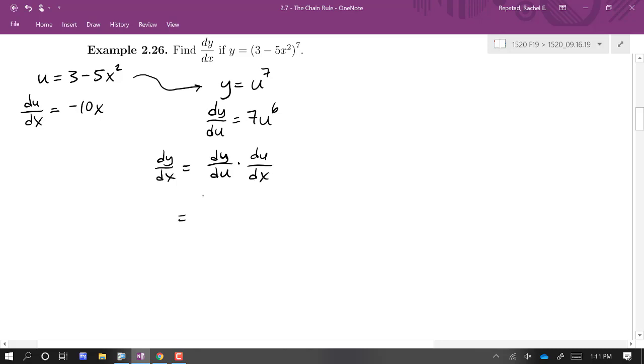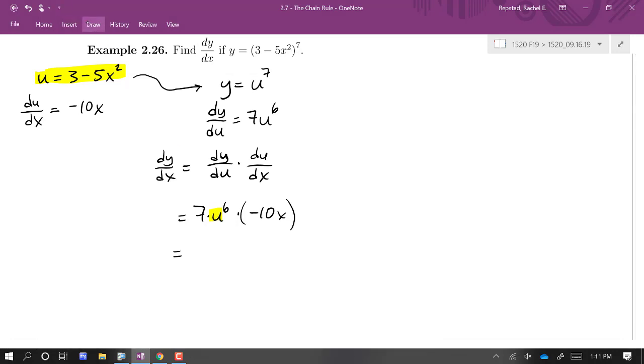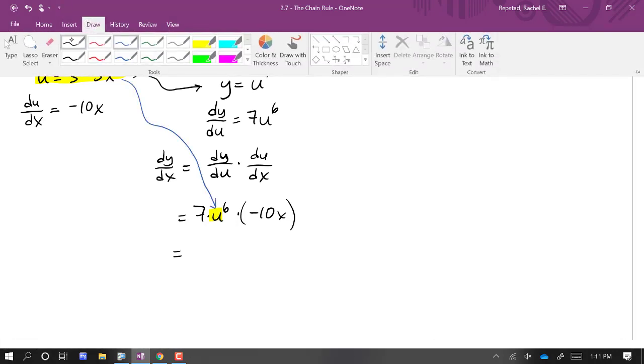Now dy du is 7 times u to the 6. Du dx is negative 10x. Now I know what u is, we made that choice up here. I'm going to just plug that back in.